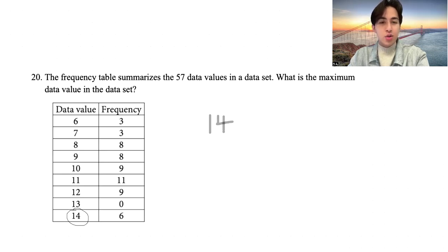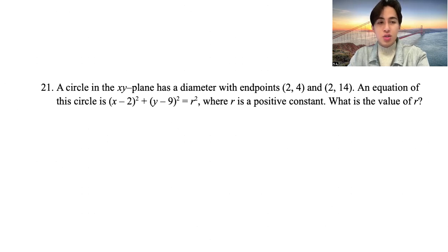Okay, very straightforward. So let's go to the next question, 21. A circle in the xy-plane has a diameter with endpoints (2, 4) and (2, 14). An equation of this circle is (x minus 2) squared plus (y minus 9) squared equals r squared, where r is a positive constant.